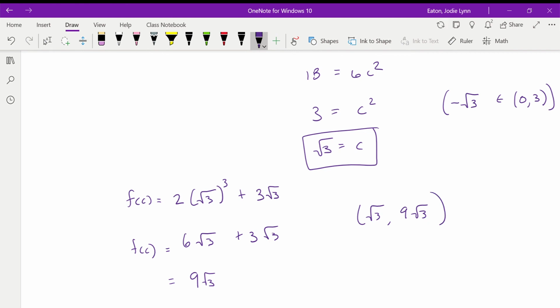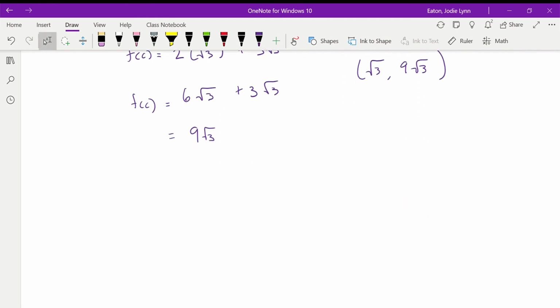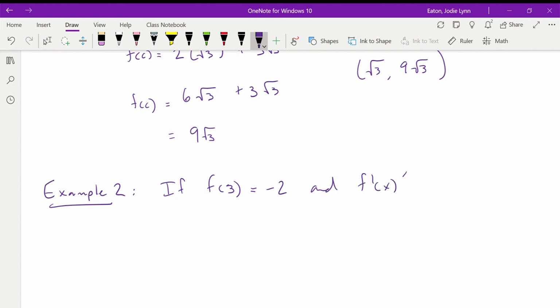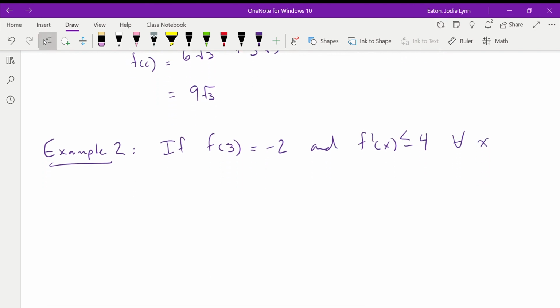Okay, so let's have a look at a different kind of example. If f of 3 equals minus 2 and f prime of x is less than or equal to 4 for all x, what is the largest f of 7 can be?